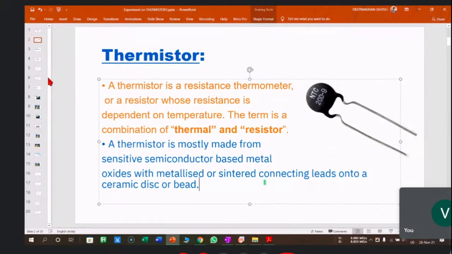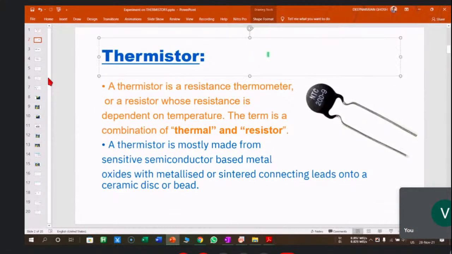It is used in sensitive devices like lithium battery protection, say laptop battery or mobile battery temperature sensors, and in many more devices.